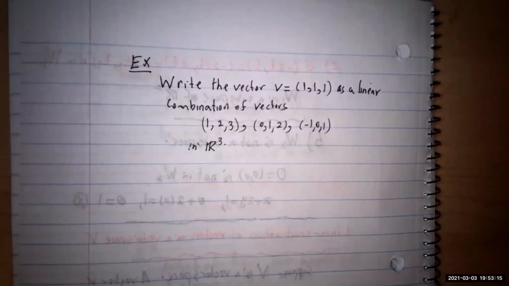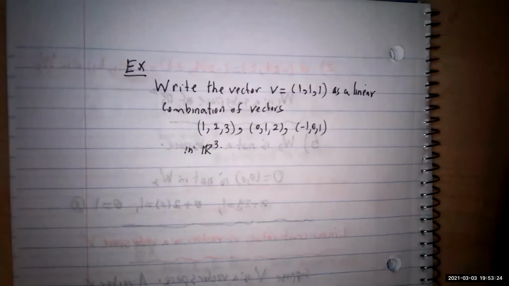So a vector (1, 1, 1) is given, and we want to write V as a linear combination of these vectors.